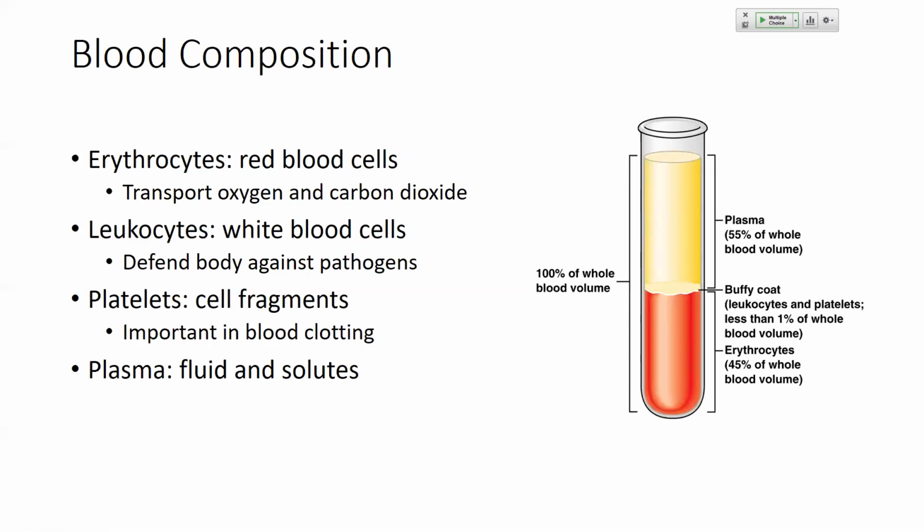Right? So half of blood is plasma, which is the fluid, liquid part of blood. The other half is cells. Of those cells, the majority are red blood cells, which we call erythrocytes. And then a smaller component of those cells are leukocytes, which we call white blood cells.